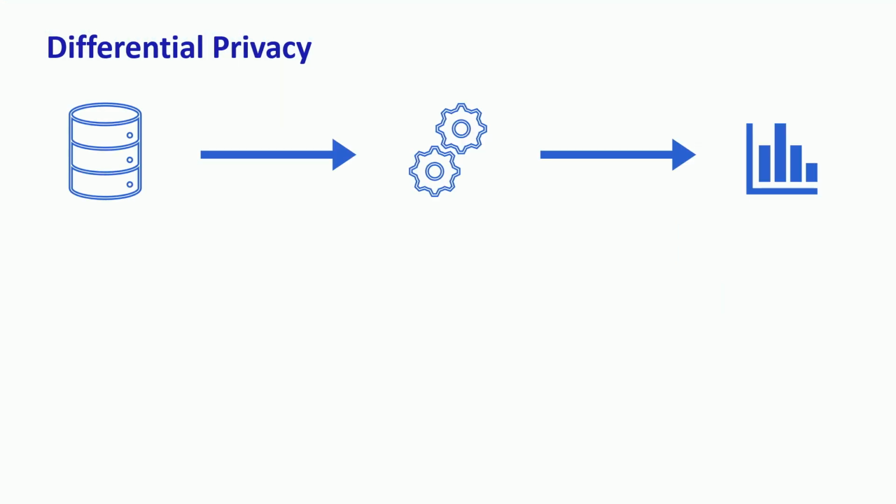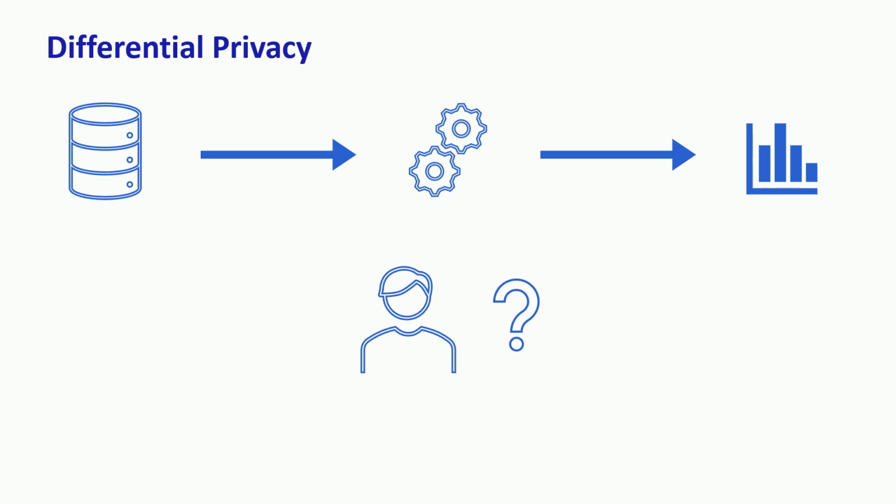Okay. The second technology I'm talking about is differential privacy. The setting for differential privacy is a little different. We have a database here, we have a function here, and we have a result. Great. And differential privacy is concerned with the question of if all an onlooker sees is this result, can they tell if an individual was in the database?